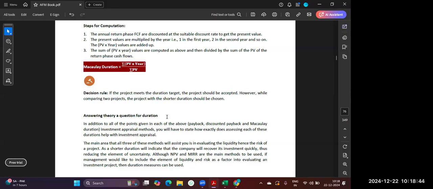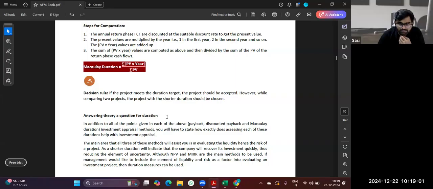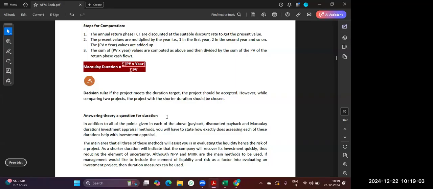That means if it's the first year and your present value is 100, you will multiply it with 1. In the second year, if your present value is 200, then you'll do 200 multiplied by 2. Third year is 300, then 300 multiplied by 3. That is present value into year. Simple. Okay. And then you take a total of that and divide it by your NPV.